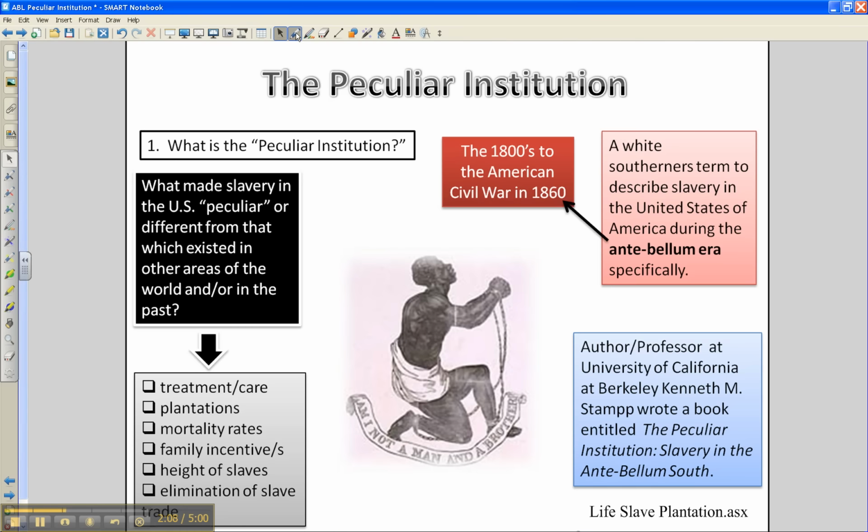Now, when it comes to the peculiar institution, I want us to make sure that we understand that this is a term, the word peculiar, which means sort of unique or strange, different. And this is the term which was basically utilized in the South.